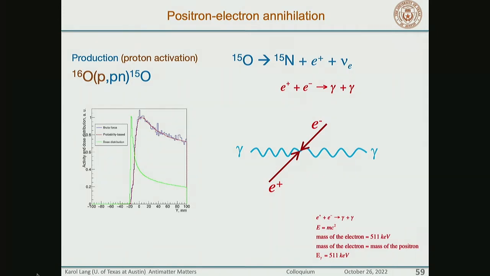Now, this is an interesting plot which our colleagues from Portugal simulated only recently. This is the deposition of energy, and this is where the species are being created. This is the Z position of where the species are created. So you see, there's a delicate balance between the energy and where, because protons are slowing down, so there's a delicate balance where this beam is hitting the tissues in such a way that it actually produces the activation.